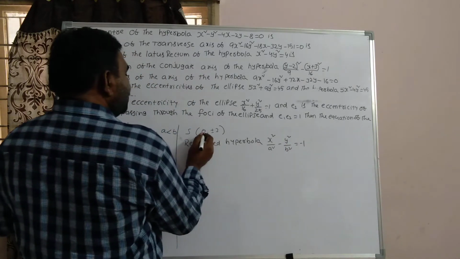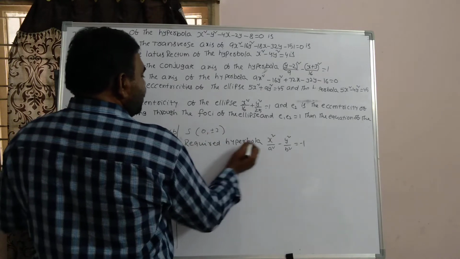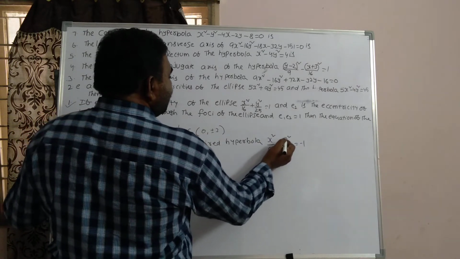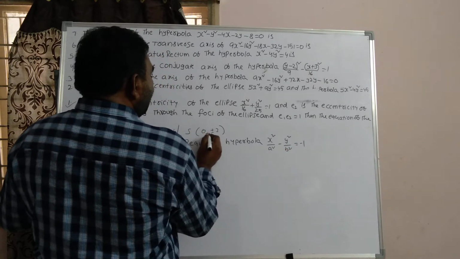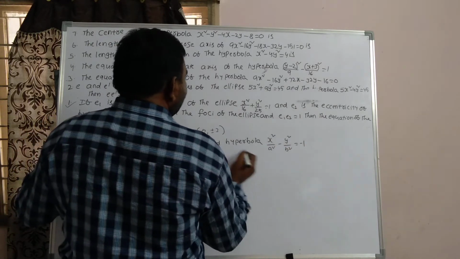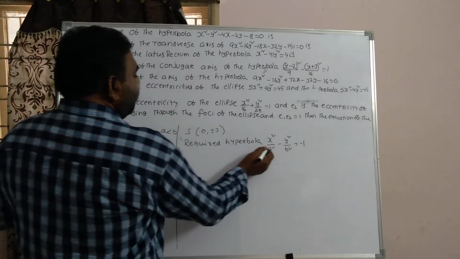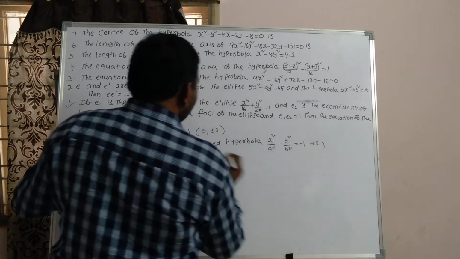Suppose it is passing through plus or minus a comma 0, then x square by a square minus y square by b square equals plus 1 only. But it is passing through 0 comma plus or minus b, so the hyperbola is minus 1. So this point passes through the hyperbola. Take this as equation 1.